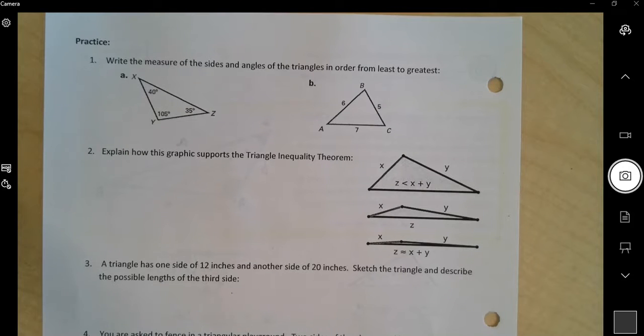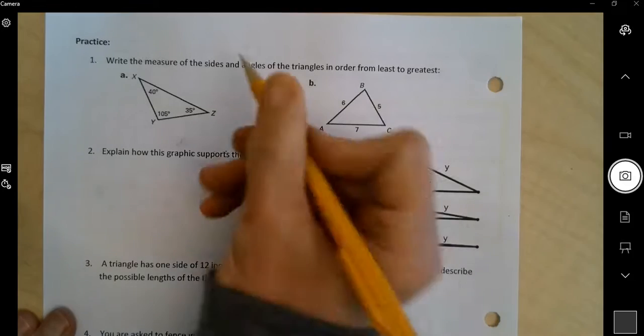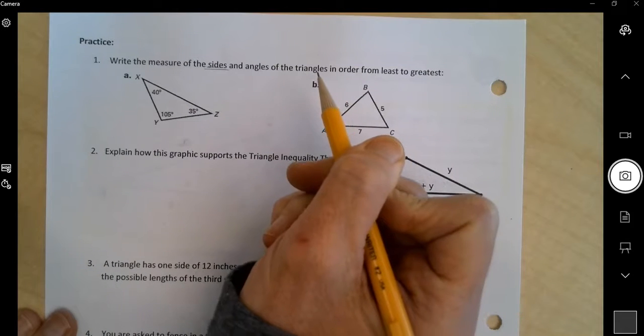All right, so for number 1, write the measure of the sides and angles in the triangle in order from least to greatest. We'll do sides first.